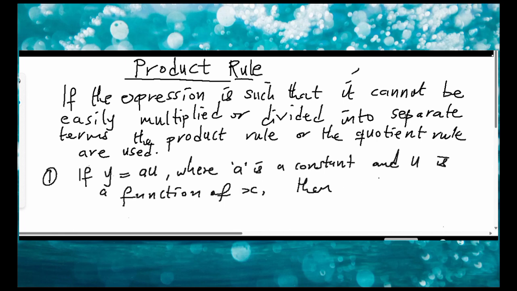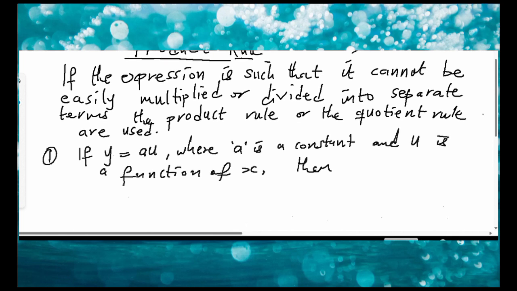Then, according to the product rule, dy/dx is going to be A du/dx, right? So for the first rule, since u is a function of x and A is a constant, you differentiate u with respect to x and we multiply by a constant, right?